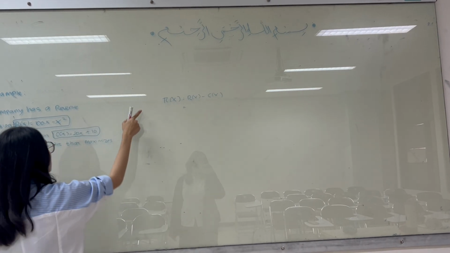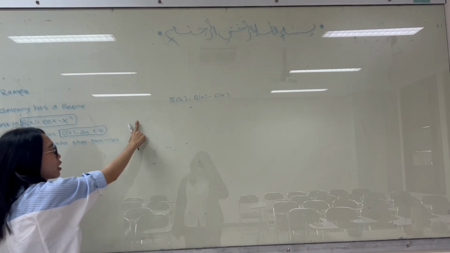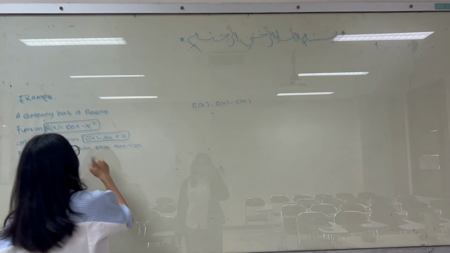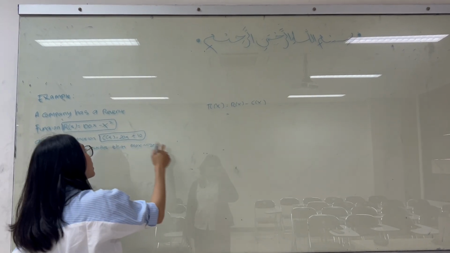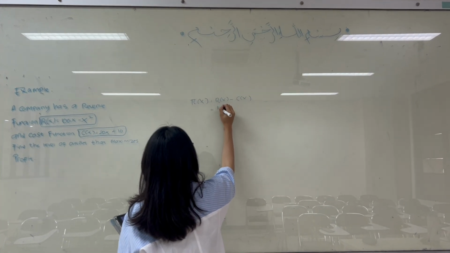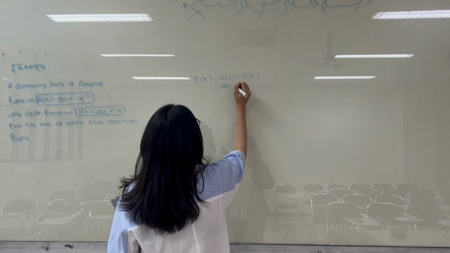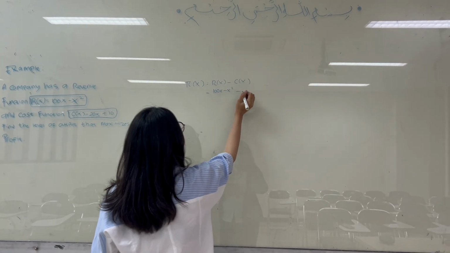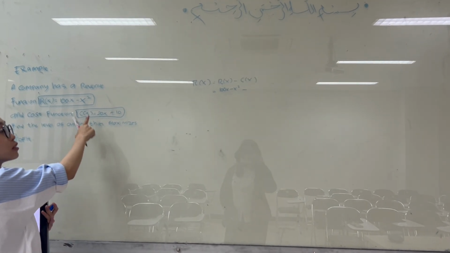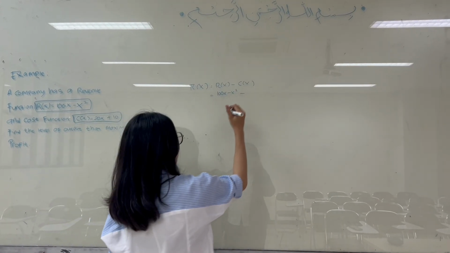So its revenue R(x) is 100x minus x squared, and minus C(x), which is 20x plus 10.